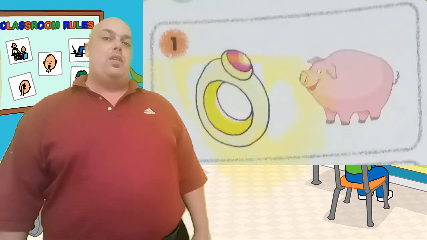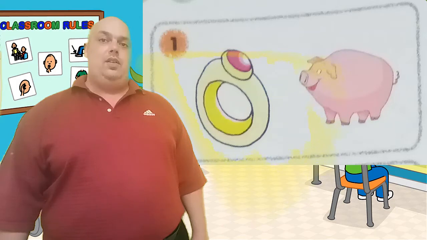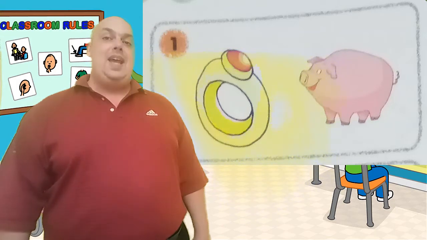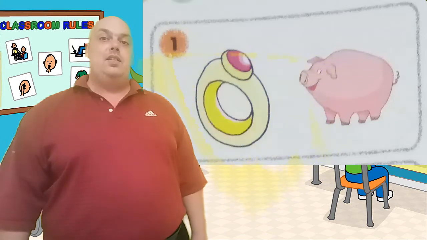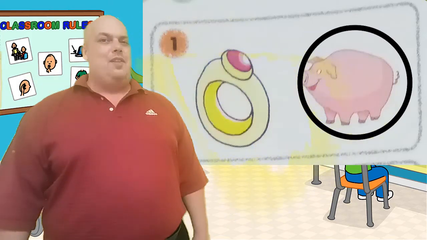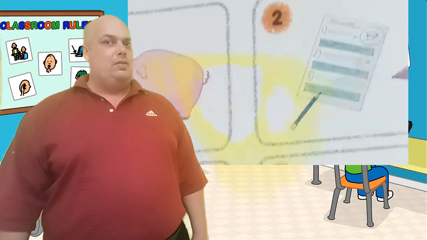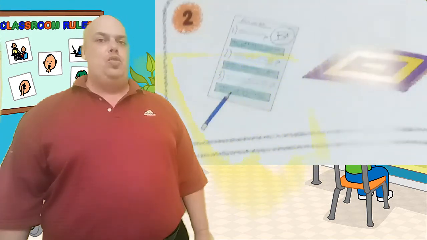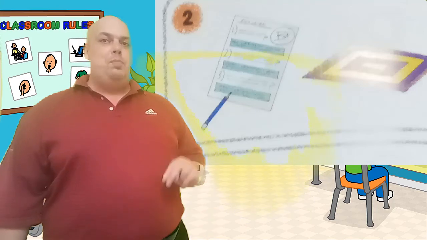In this box, you see a ring and a pig. Yes? Now I want you to circle the pig. Circle the pig. Just like that. Okay. Now for the next box, this box over here, I'm not going to help you too much. There are two pictures there.